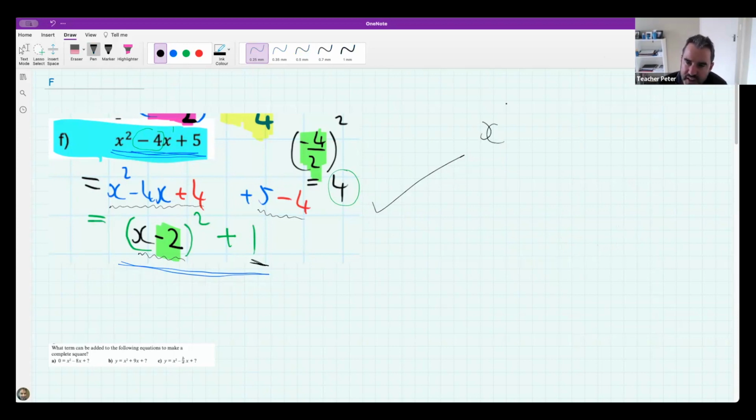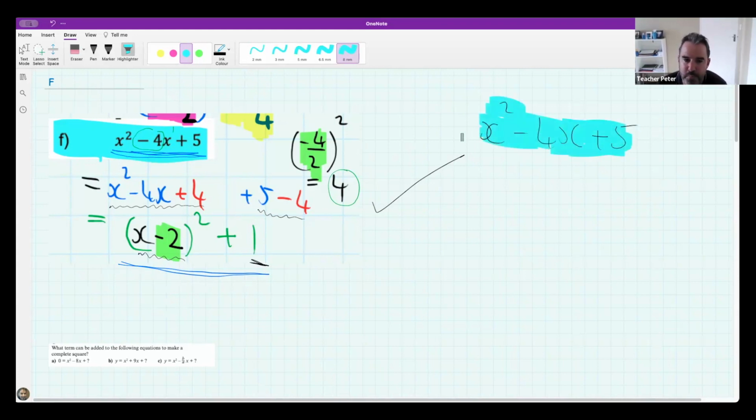So if you think about this expression over here, there's no bracket with a square there. There's no perfect square there. I suppose there's a square on the x, but incorporating the other variable.